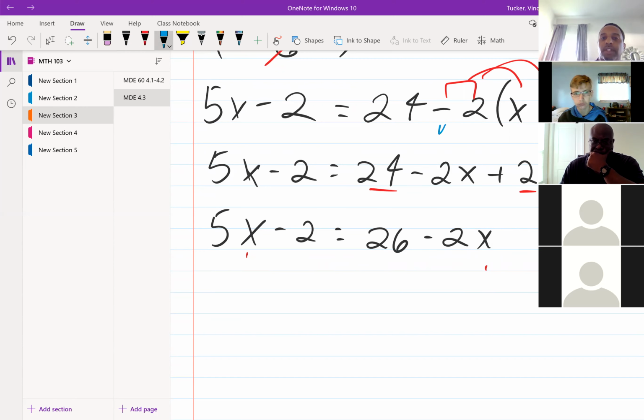Yes, this negative is attached to this 2 right here. So when you distribute it, it goes into the parentheses and gives you negative 2x. And negative 2 times 1 will give you a positive 2. Your signs are normally attached to the term that follows it, not the one before it.